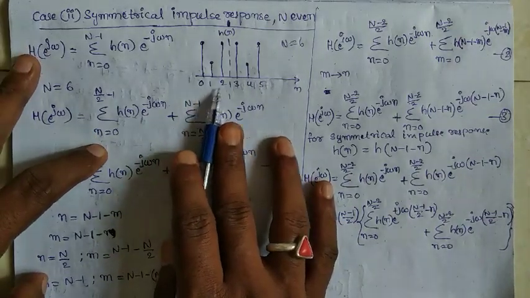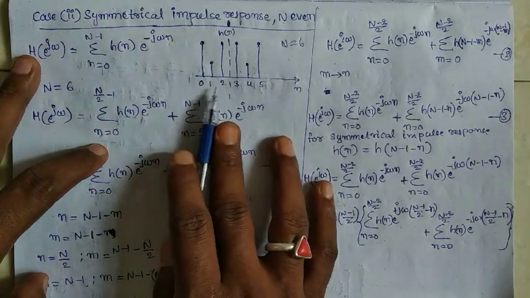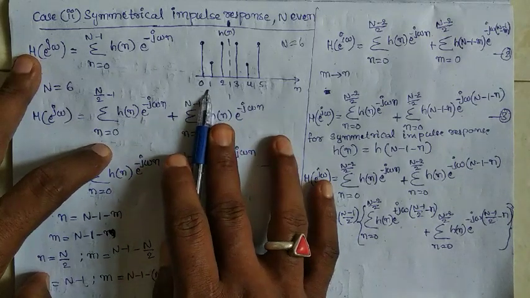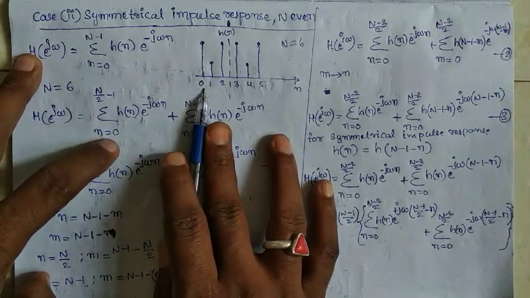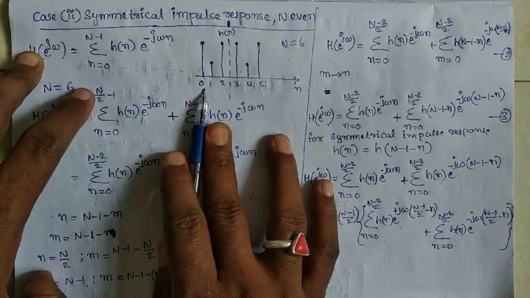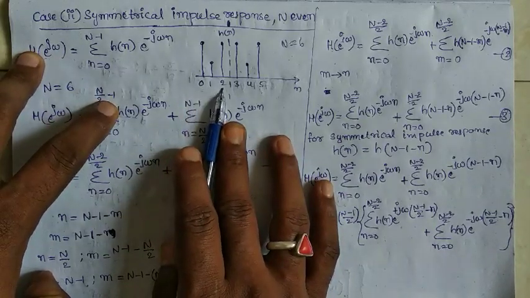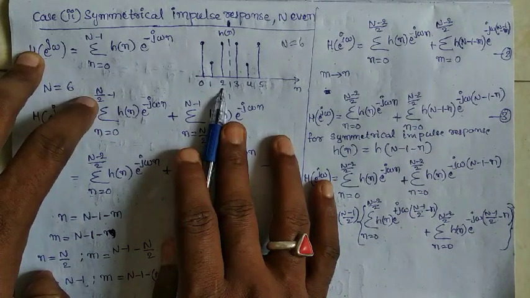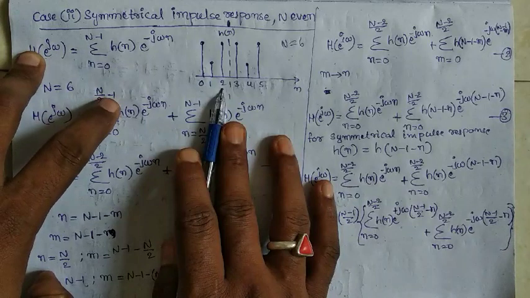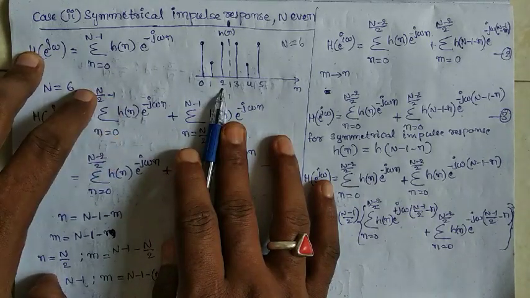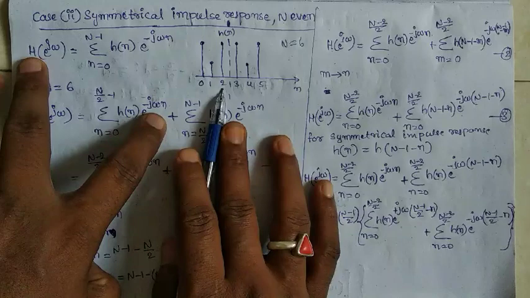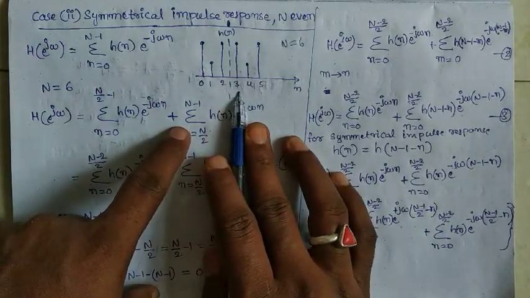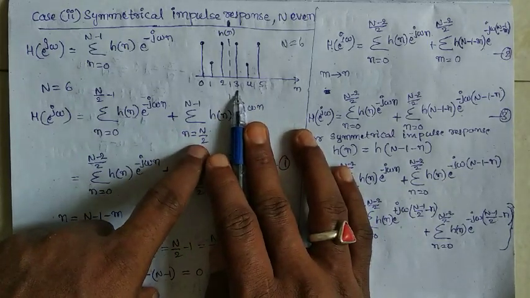The first summation, n equal to 0 to 2, we express in terms of capital N: summation n equal to 0 to N by 2 minus 1. N is 6, 6 by 2 is 3, 3 minus 1 is 2. So n equal to 0 to 2 of H of n into e power minus j omega n, plus another summation from n equal to 3 to 5.